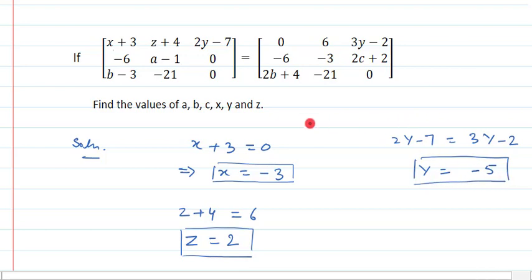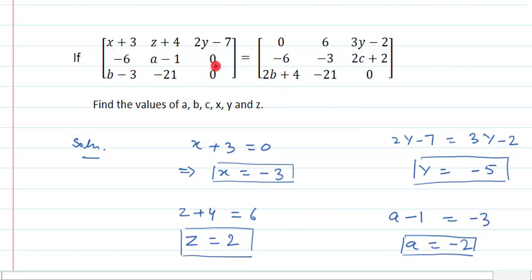Next, these two elements are already minus 6, minus 6. Now comparing the A22 element in both the matrices, we get a minus 1 is equal to minus 3. So from here we get a is equal to minus 2. So this is the value of a.